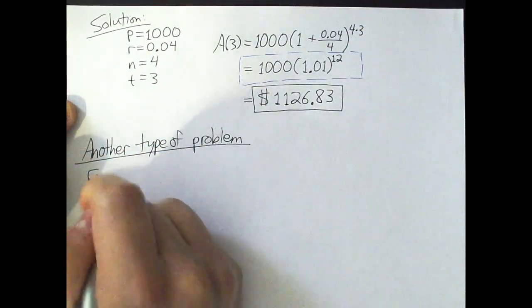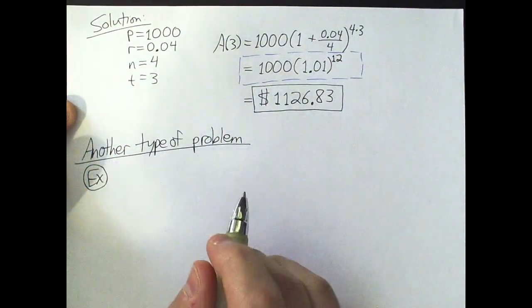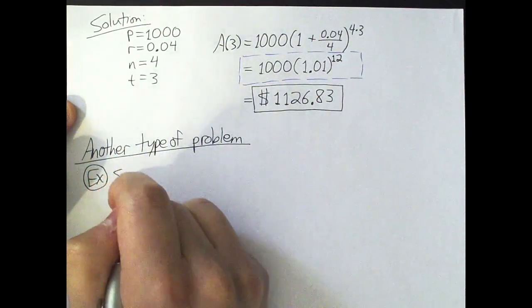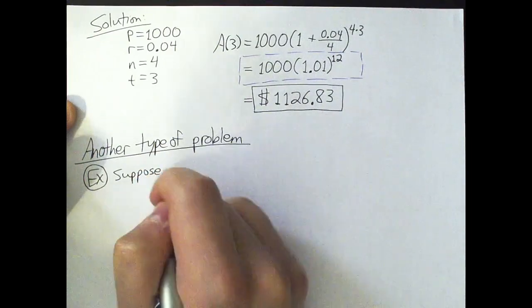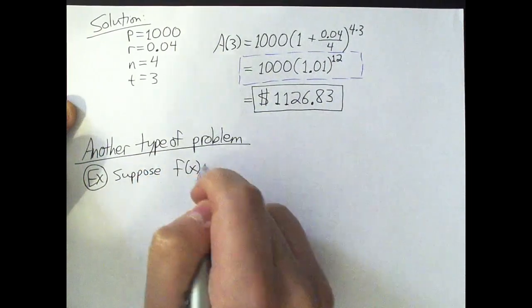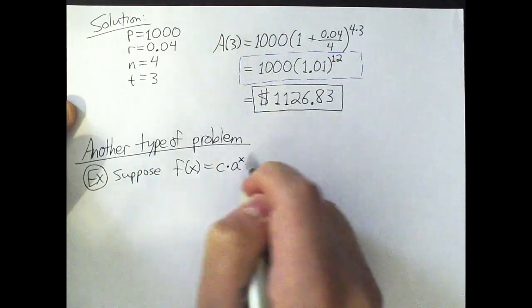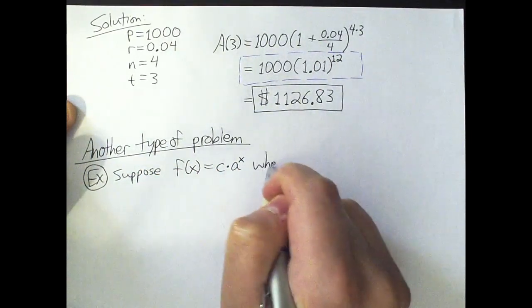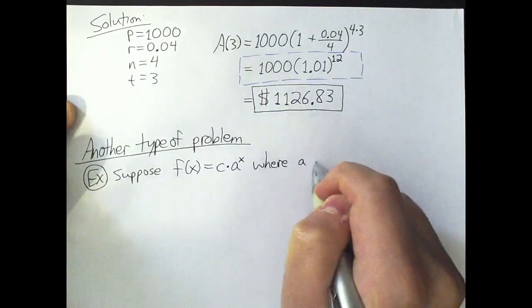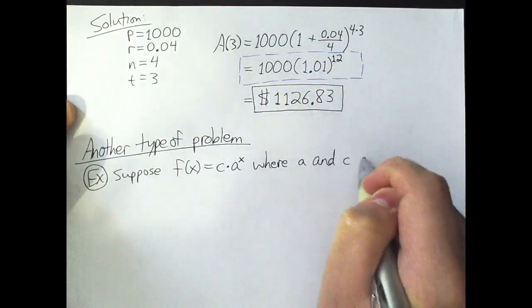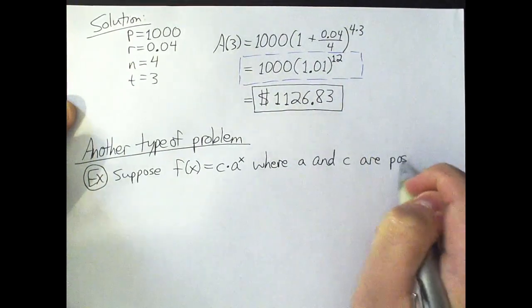And let's see. This is going to say, suppose f of x equals c times a to the x, where a and c are positive constants.